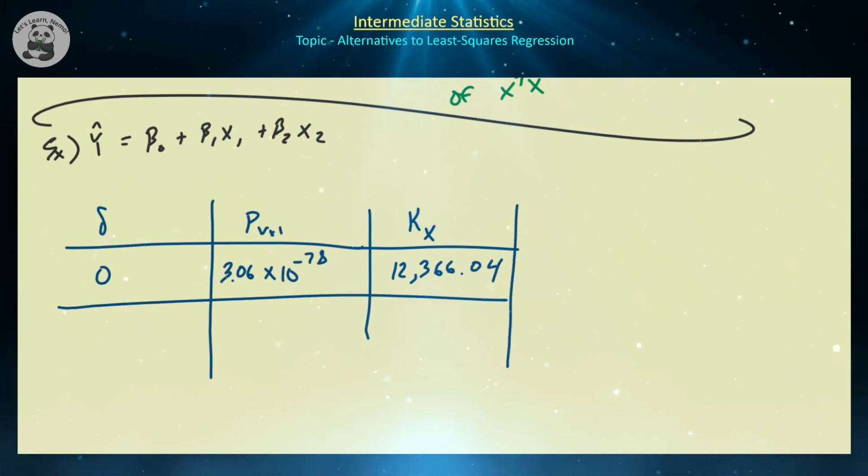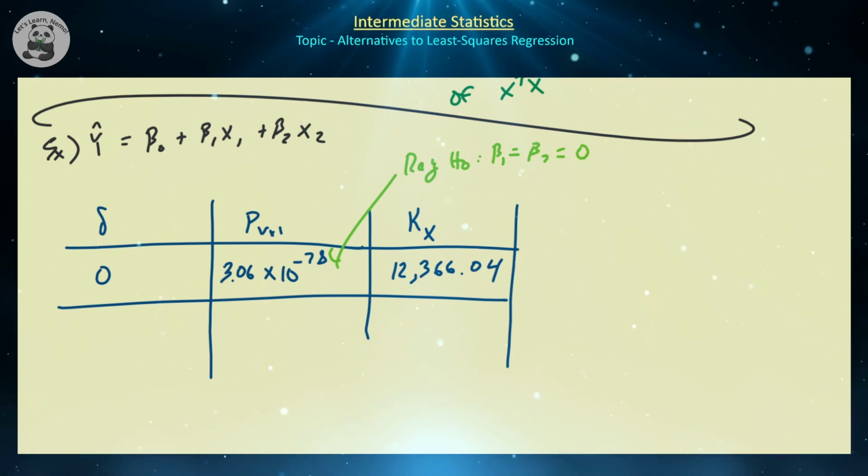Now, if we have a p-value that small, 10 to the minus 78, that's quite small, we're rejecting the null hypothesis, right? So how do we interpret that? We're rejecting the null hypothesis that beta 1 and beta 2 are both equal to 0, which means our model appears to be appropriate. But when you see this condition number for that particular design matrix X, that's quite big, right? So if you require extremely good precision, that might cause you to have ill-conditioned matrices and hence non-precise calculations and hence a non-stable model, right?